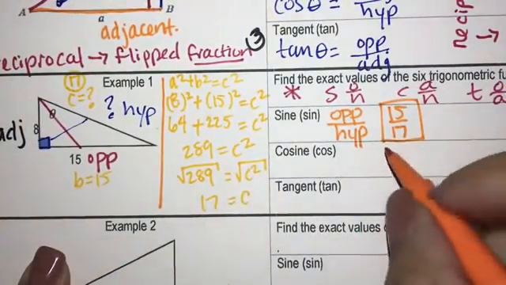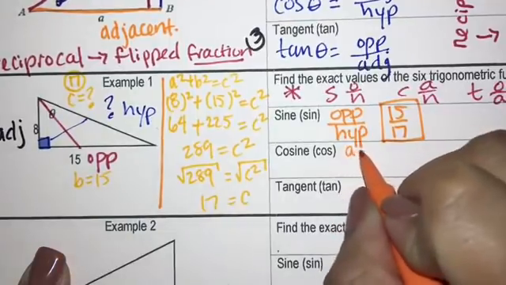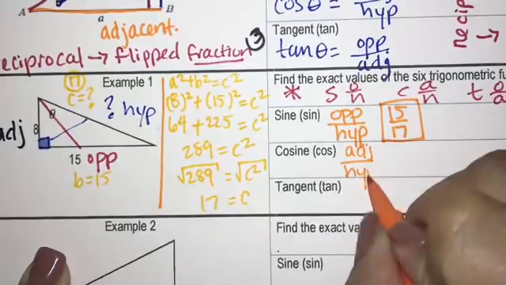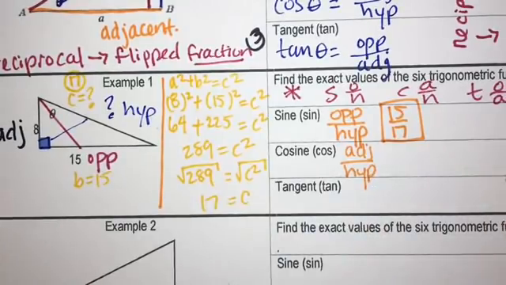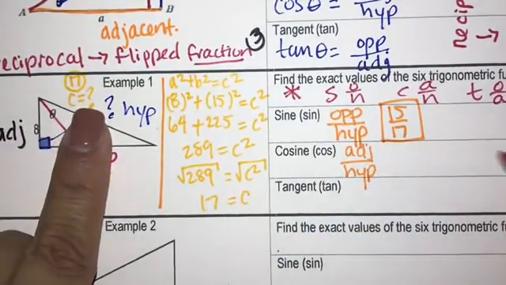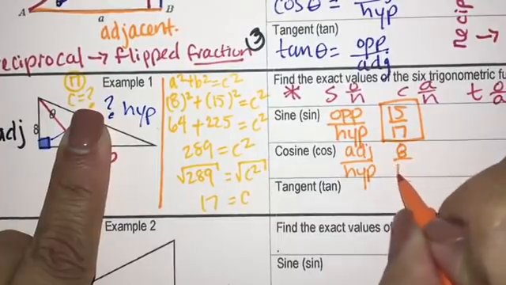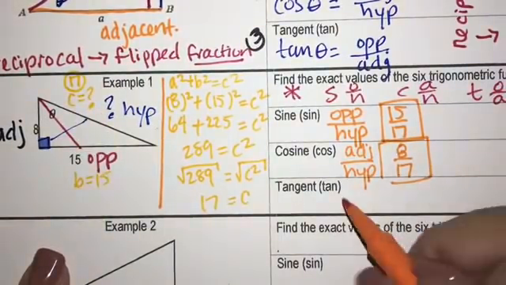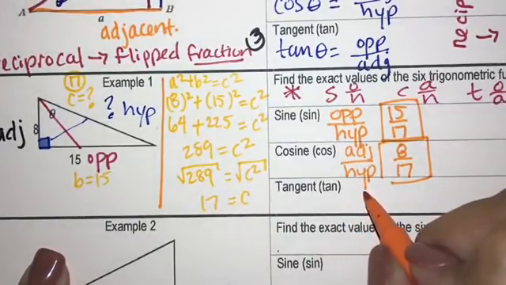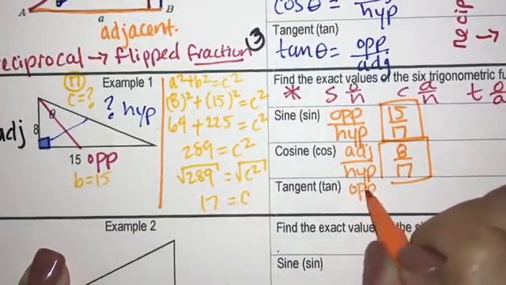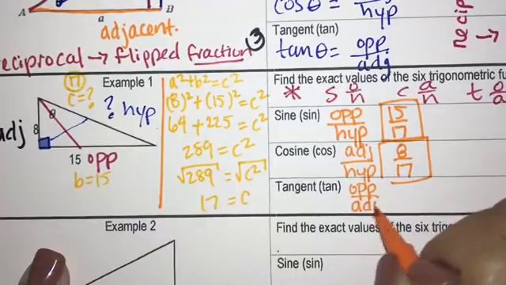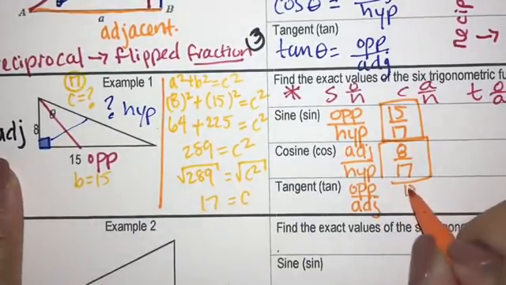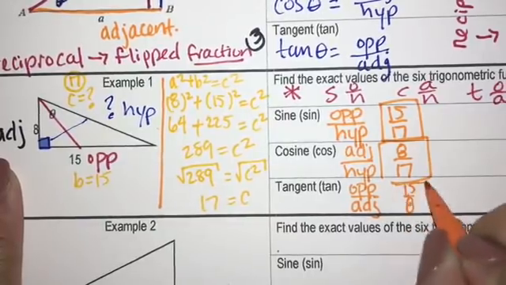Cosine is going to be adjacent over hypotenuse, so 8 over 17. And then tangent is going to be opposite over adjacent. So opposite over adjacent is 15 over 8.